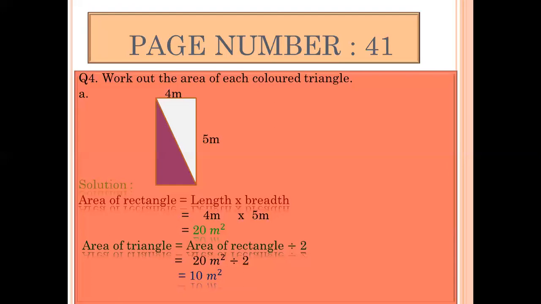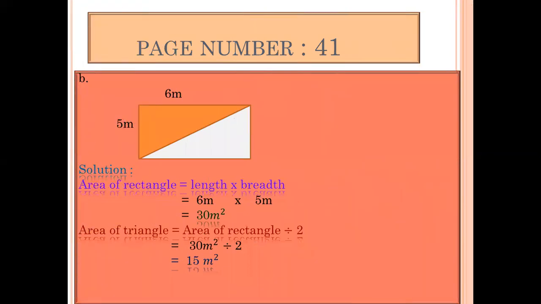Come to the second part, part B. Again, the rectangle is given and we divide this rectangle into two triangles. The same procedure: first we calculate the area of the rectangle and then we divide that area by 2 and we find the area of the triangle.